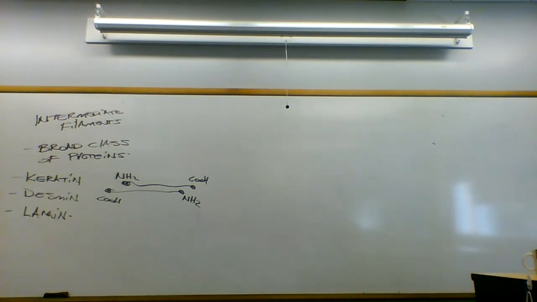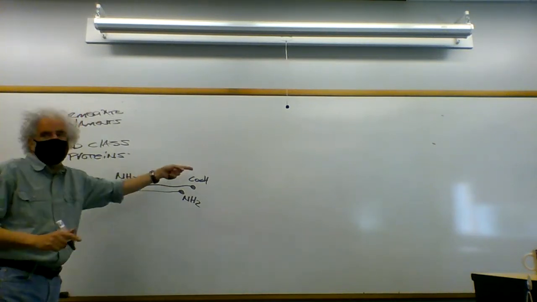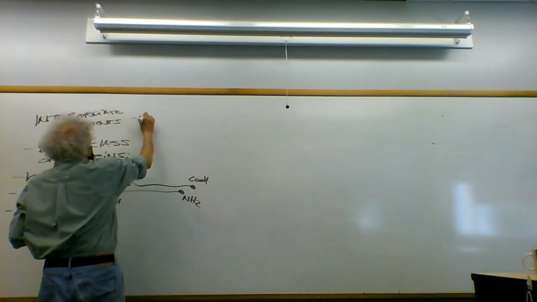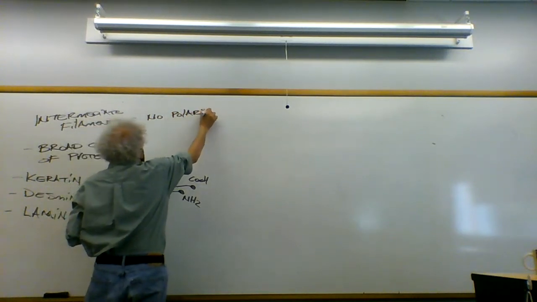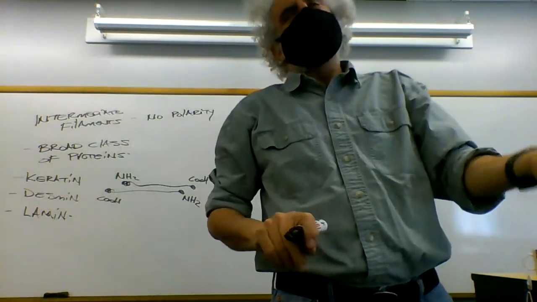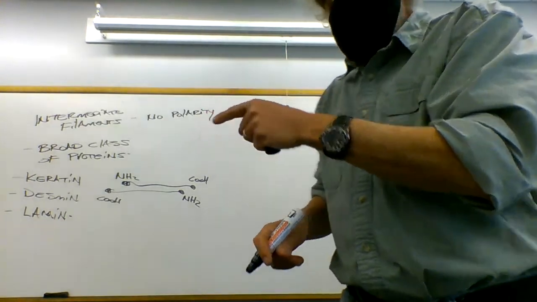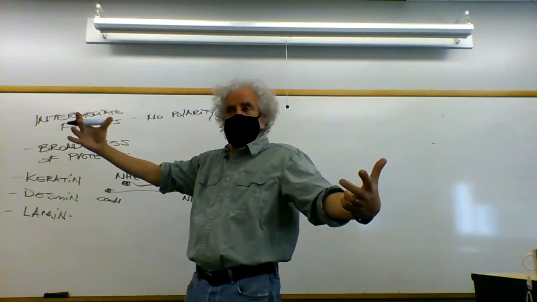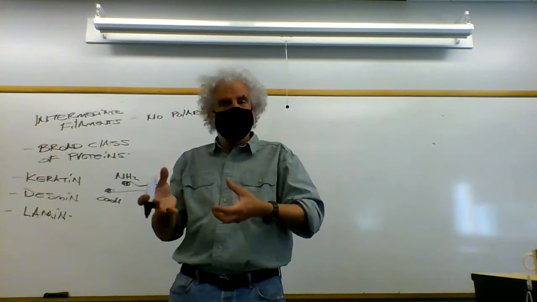And the critical point would be, if you flip this molecule around, it's the same. And so what we say with intermediate filaments is they have no polarity. And you might say, well, big deal, but I'll tell you, actin and microtubules, they have a very distinct polarity.